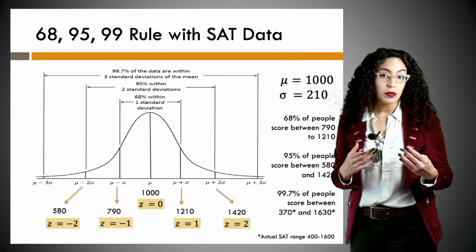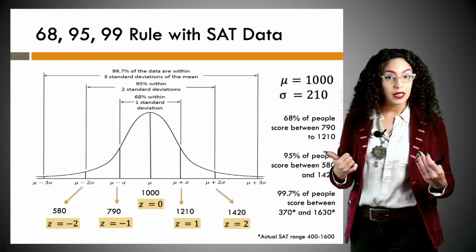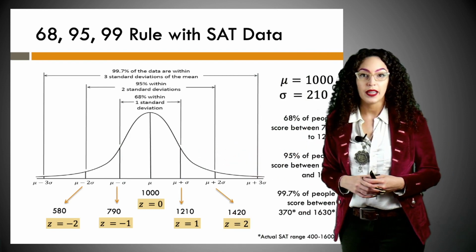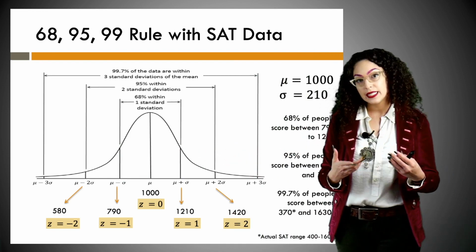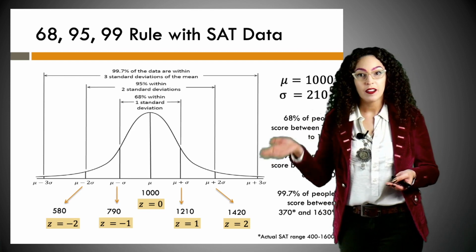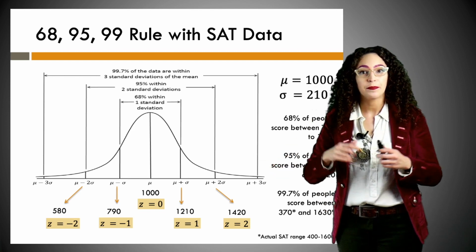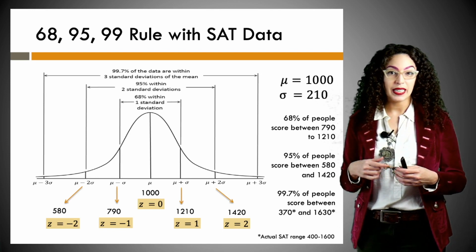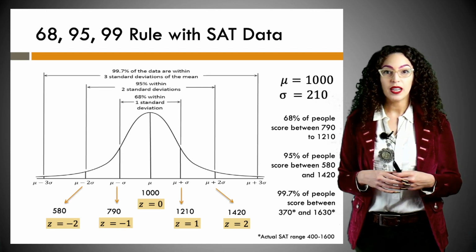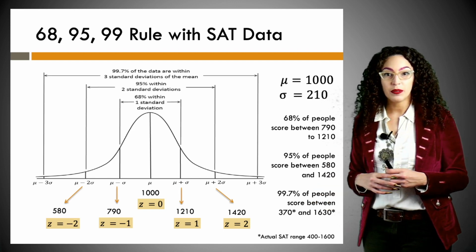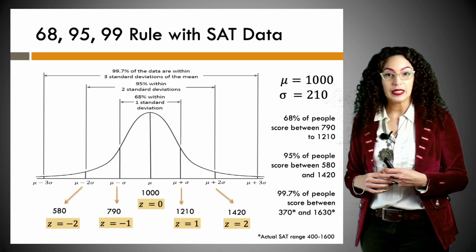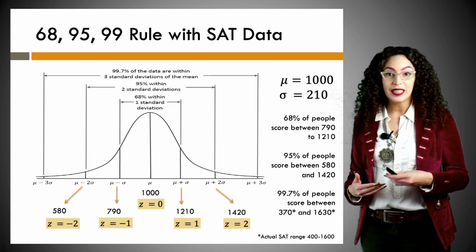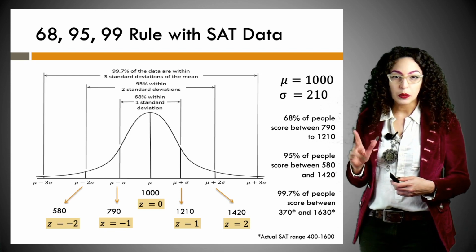If we want to do 95%, z-score of -2 and positive 2, that would be 580 and 1420. So 95% of all SAT test takers are going to score between 580 and 1420. Now you might be wondering about that 99.7% part with the -3 and positive 3 z-score. Well, you can translate those numbers and it would be 370 to 1630. But the SAT only goes to 400 and 1600, so it's a little bit tweaked.